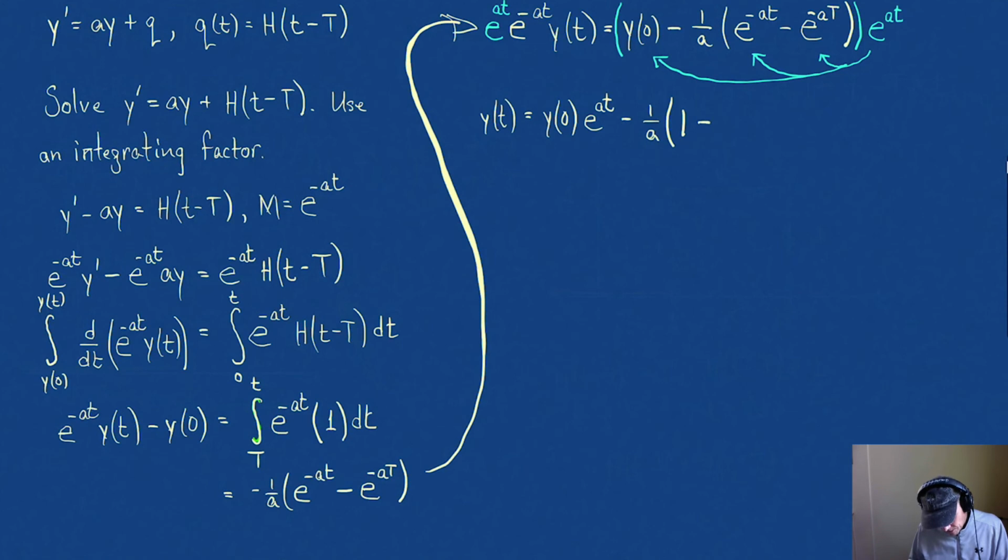Minus, and I'm going to write this one out so we can look at it. This is minus e to the minus a times capital T plus lowercase t. Let's do some housekeeping here. I'm going to write y of 0 e to the at. Then let's distribute the minus sign, so we're going to have a plus of 1 over a.